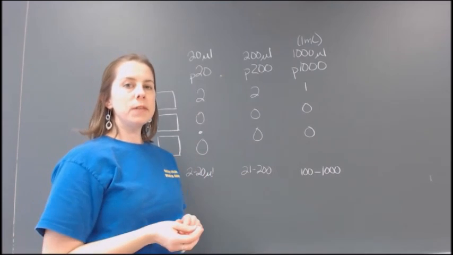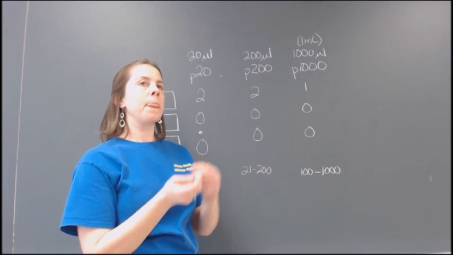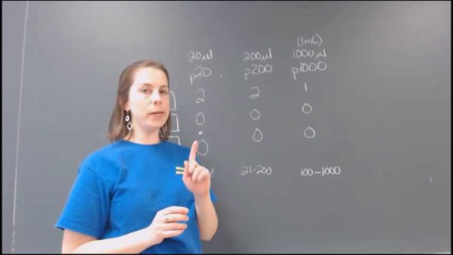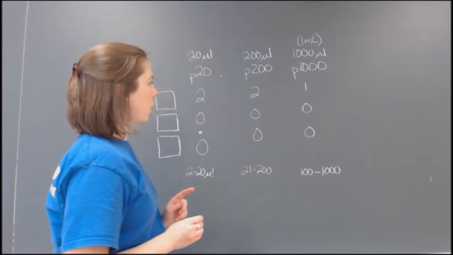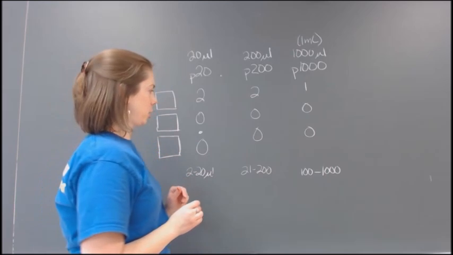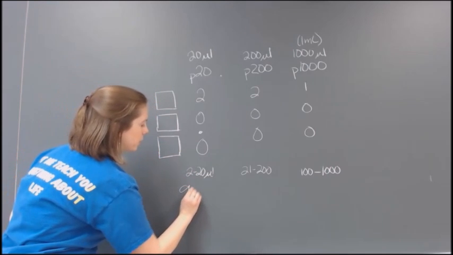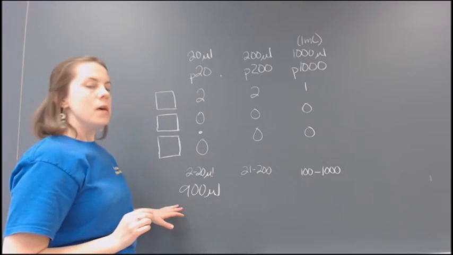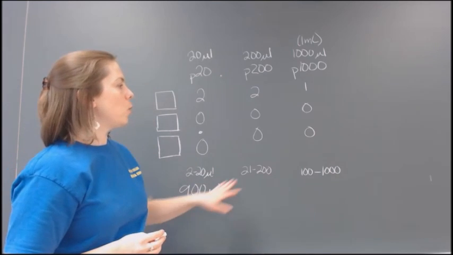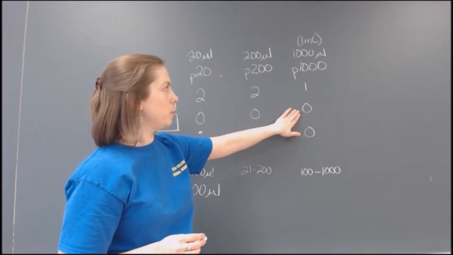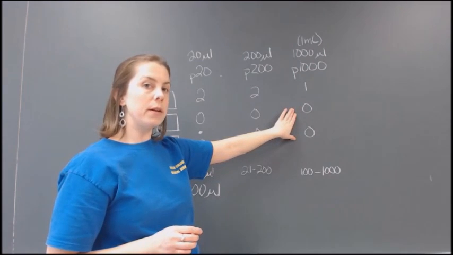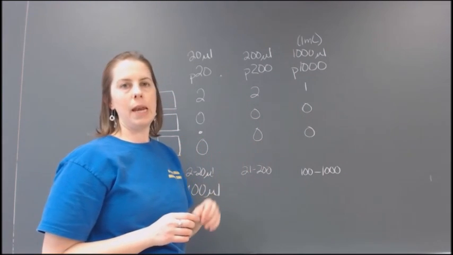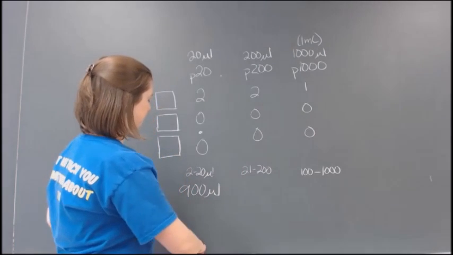When you're choosing a pipette, it's important to pick the smallest pipette with which you can pipette the volume 1 time. If we want to measure 900 microliters, it's more accurate to measure it in 1 volume using the P1000 than it is to set your P200 to 100 and pipette the volume 9 times. Okay?